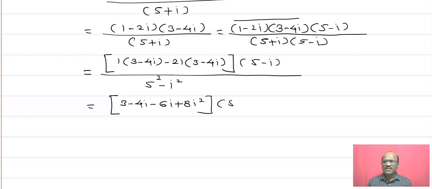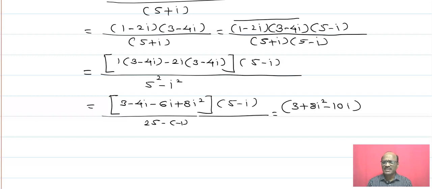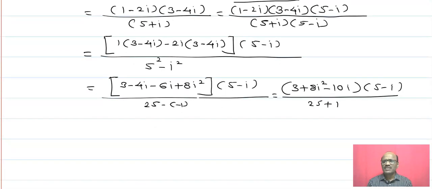And in the denominator, by using the formula (a + b)(a - b) equals a squared minus b squared. Therefore you are getting (3 - 4i - 6i + 8i squared)(5 - i). Now simplify this: (3 + 8i squared - 10i)(5 - i) upon 25 plus 1.